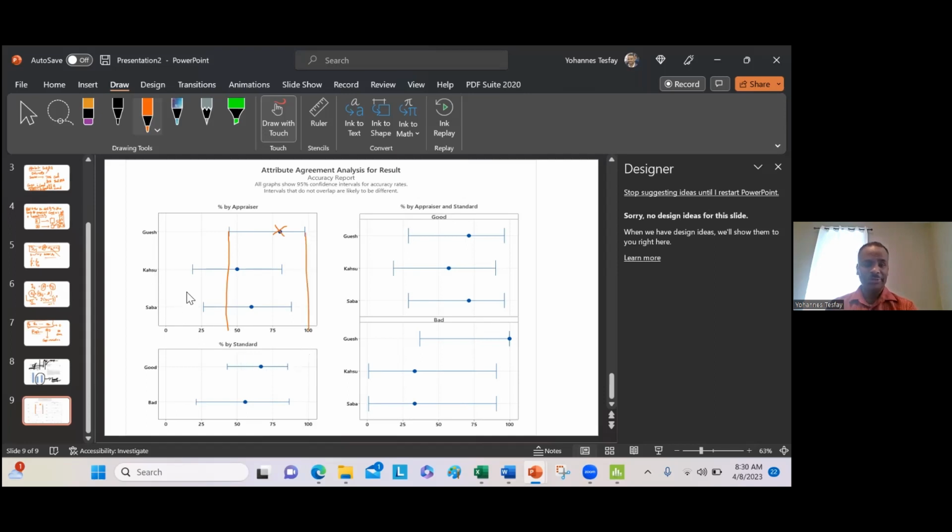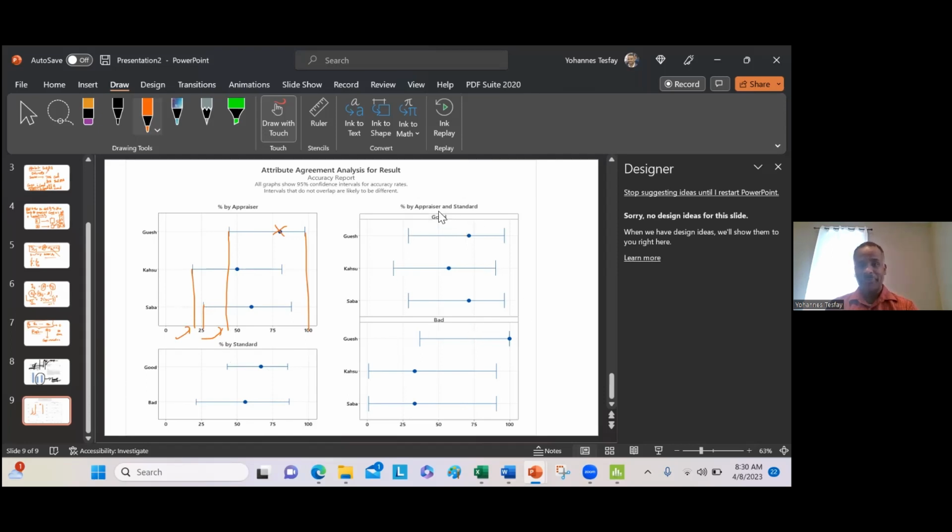When it comes to Kasu, he can make an error up to that percent. Or Saba can also make an error of 25%.